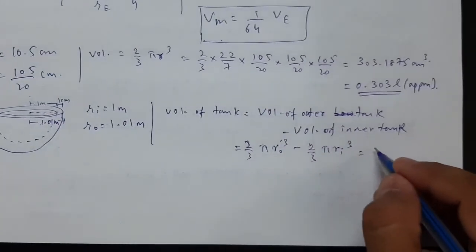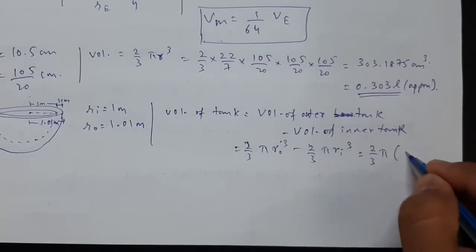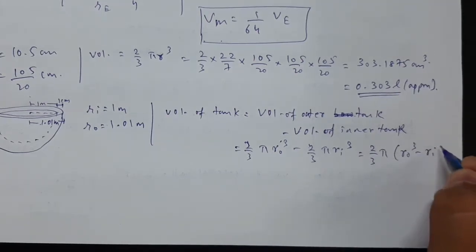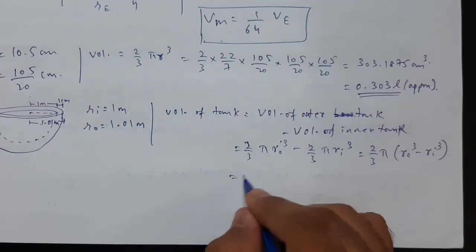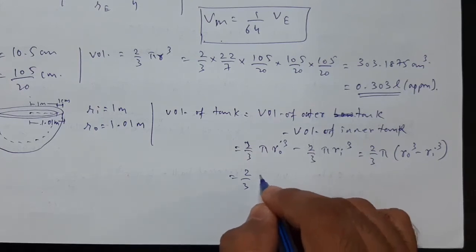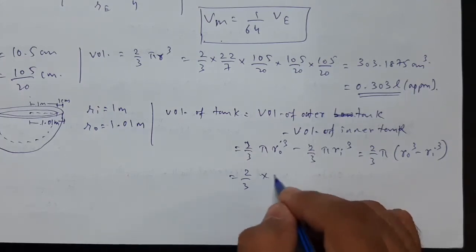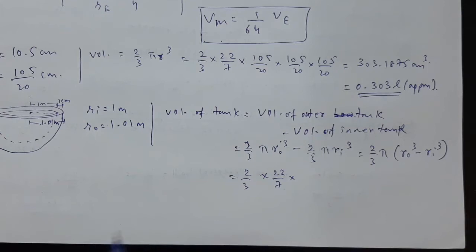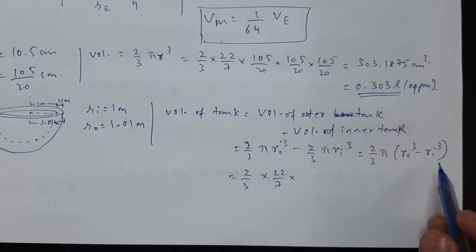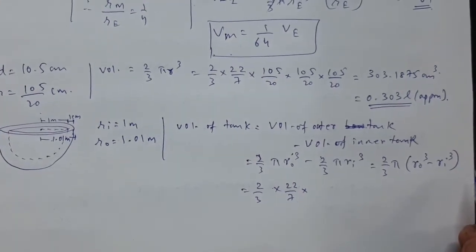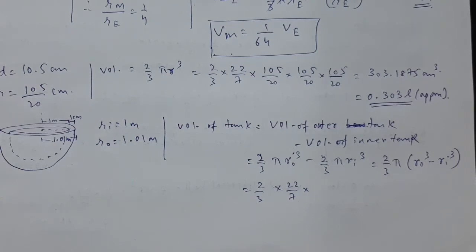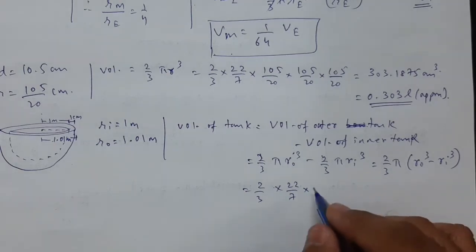So this will give you 2 by 3 pi as common, RO cube minus RI cube, that is equal to 2 by 3 into 22 by 7 into, you can substitute a cube minus b cube identity if you want. If you don't want, it is okay.